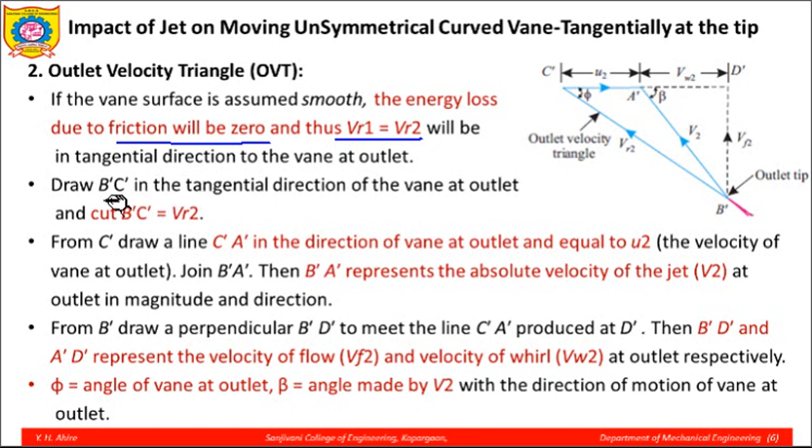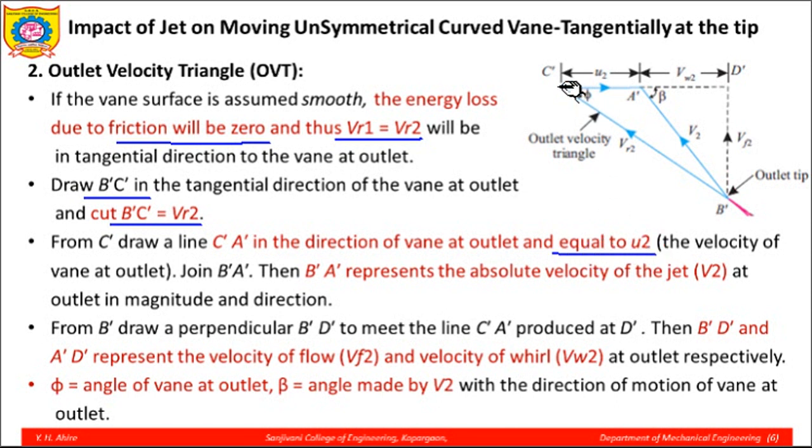Now what you have to do here: draw B'C' in the tangential direction of the vane at outlet. So this is tangent, B'C' equal to VR2. Then from C', draw a line C'A' in the direction of vane motion at outlet and equal to U2.